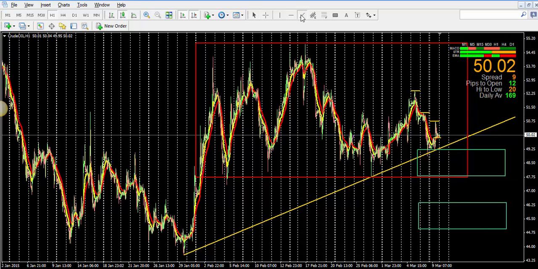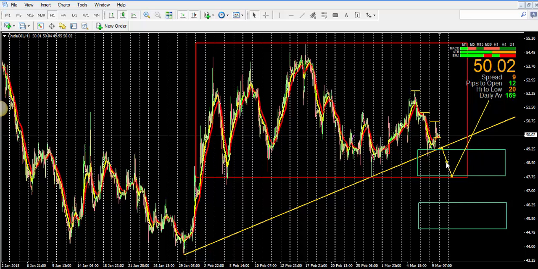Like here, let me draw it for you, I'll make it visual. If it fails, this is what you should do. Let the market come here and go back up.